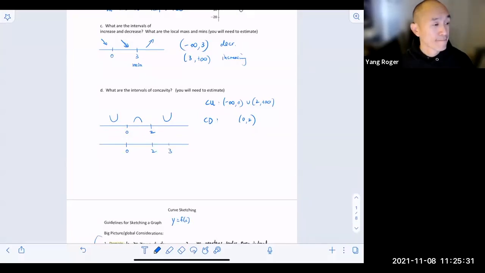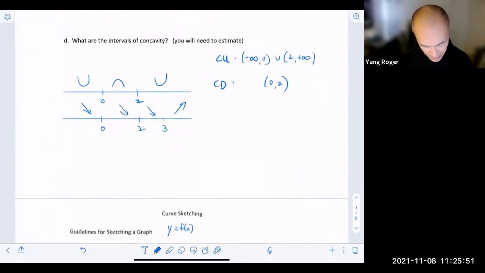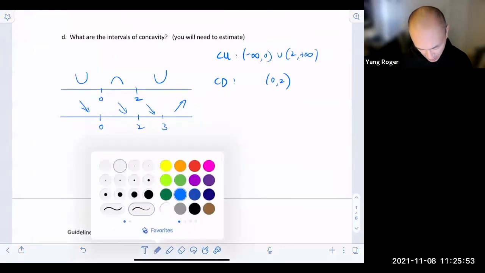Okay. And then I'll just reproduce this. From the left side of 0, it's decreasing. Between 0 and 2, it's still decreasing. Between 2 and 3, it's still decreasing. But from 3 on, it increases like this. So once we have this information, if we want to piece it together, how does it look?